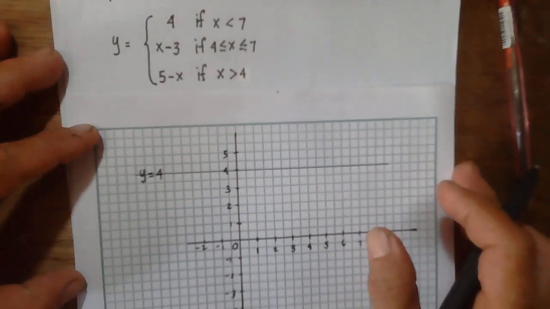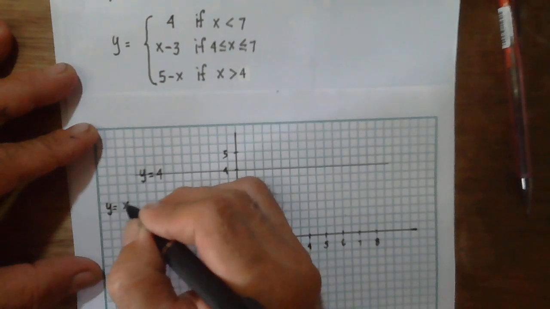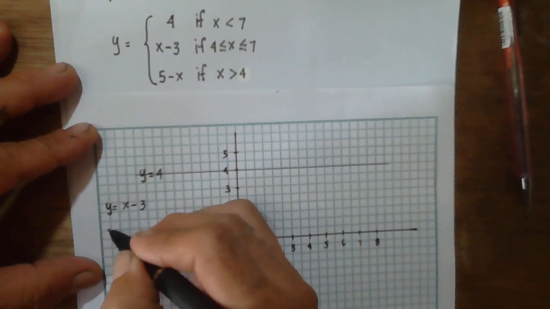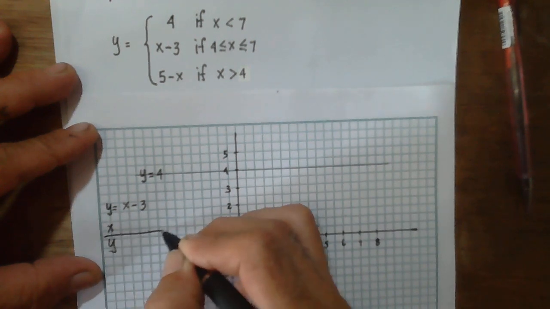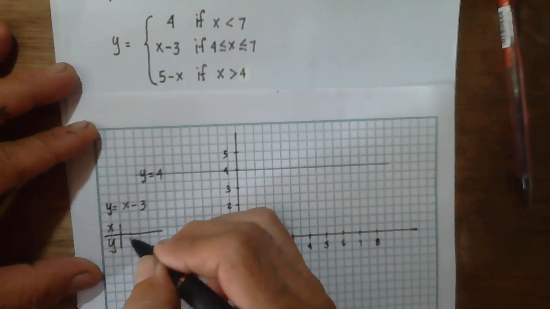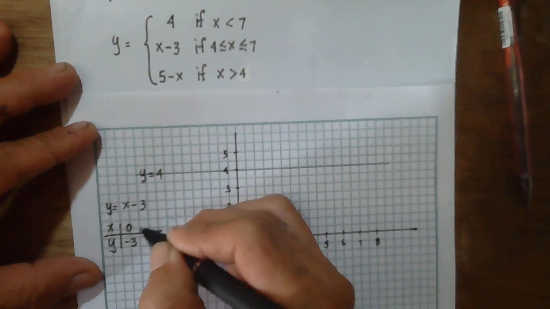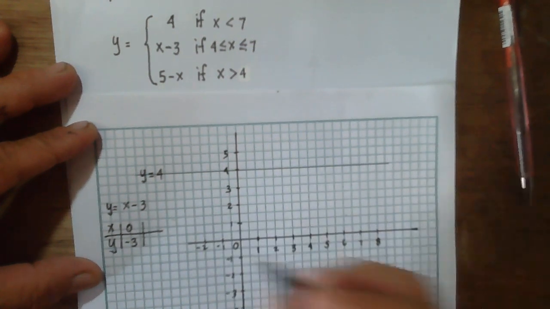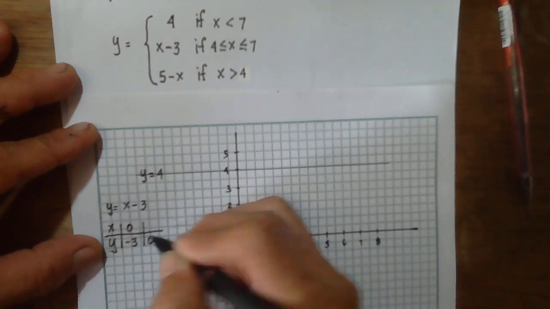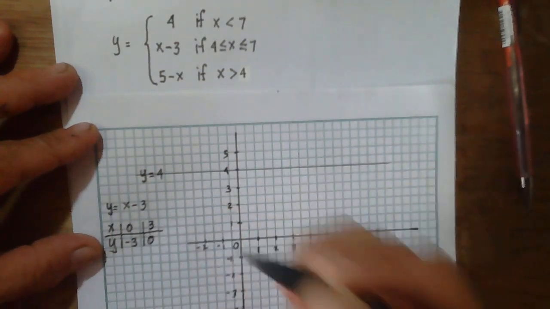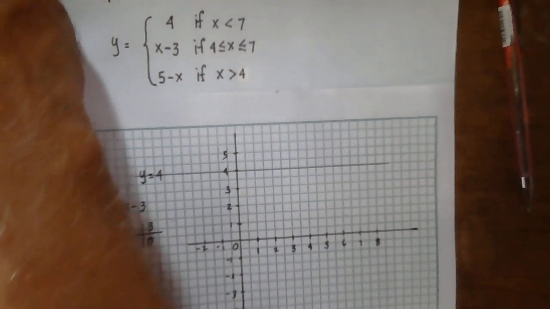Okay. For the second equation, y is equal to x minus 3. Now we construct the table of values. When x is 0, y is equal to negative 3. When y is 0, x is equal to positive 3. So, we plot these points.